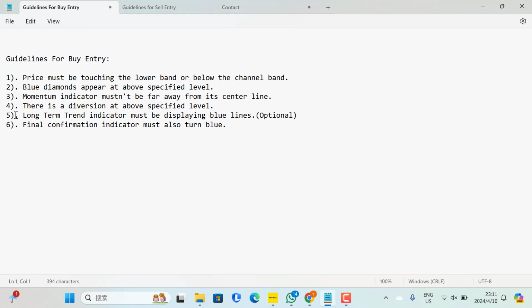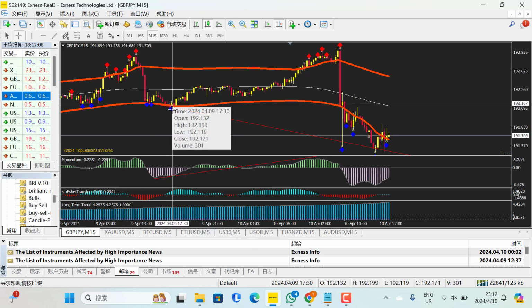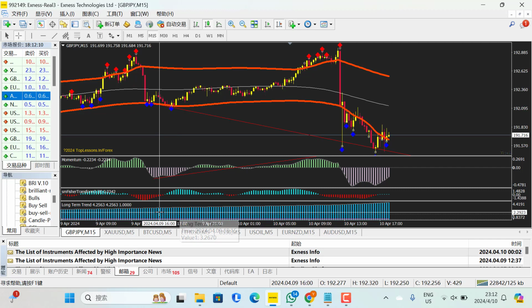Now let's move to our fifth condition, that is the long-term trend indicator must be displaying blue lines. This is the long-term trend indicator, and for the 15-minute time frame it is set at 4 hours, and because it is a multi-time frame indicator, for this candle you can see that the indicator is displaying blue lines.